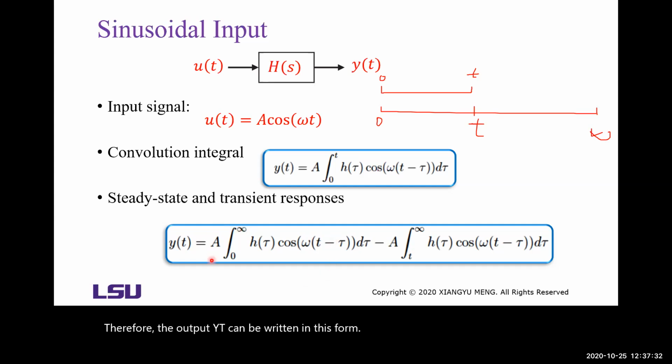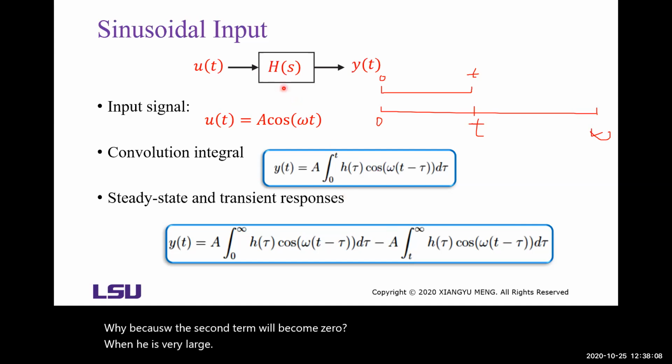The first term, we call it steady state response. The second term, we call it transient response. Why? Because the second term will become 0 when t is very large.